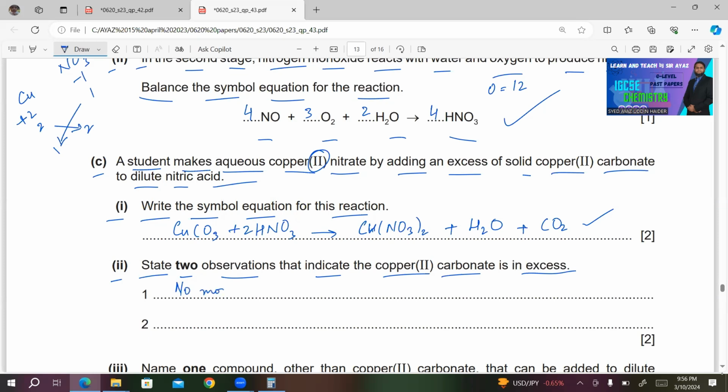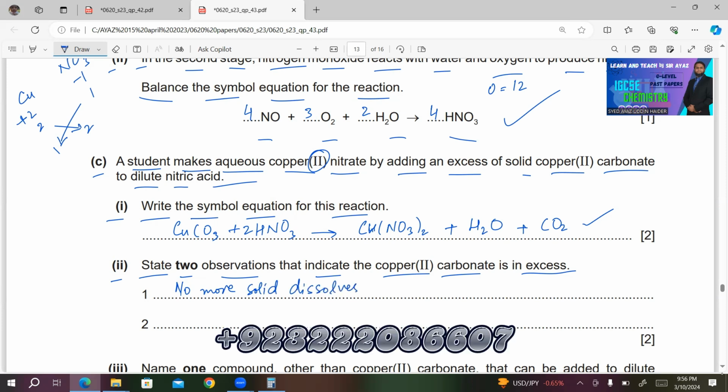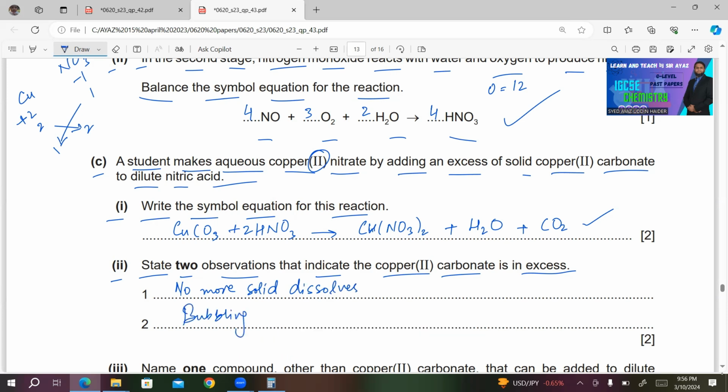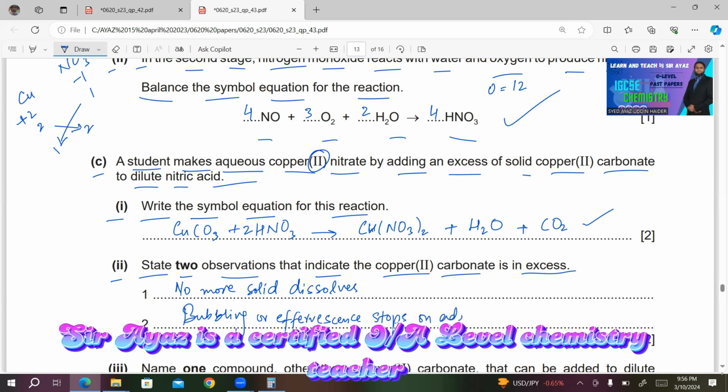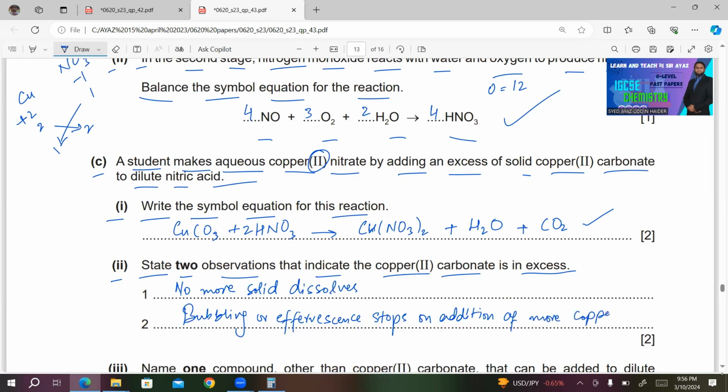No more solid dissolves or undissolved solid remains, and bubbling or effervescence stops on addition of more copper 2 carbonate. This indicates that copper 2 carbonate is in excess.